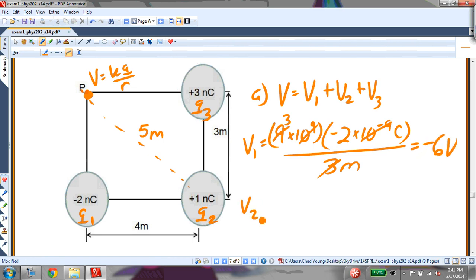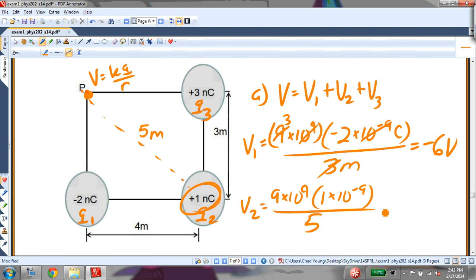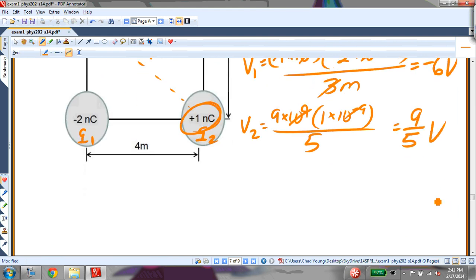All right, so V2, similarly, that's this charge right here, divided by 5. That cancels, gives me 9/5 volts. This is what, 1.8 or whatever.